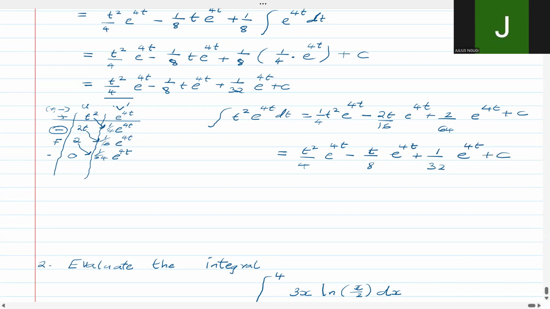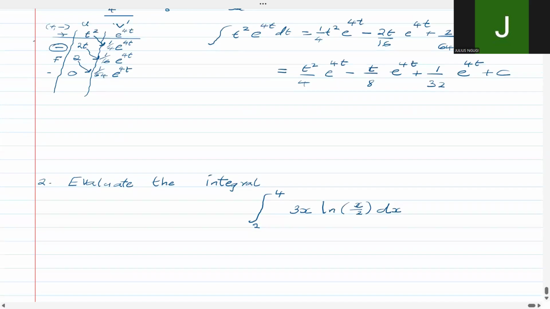So you use the table if you're having two functions multiplied, one trig, one exponential, or one trig, one algebraic, one exponential, one algebraic. So you're having an algebraic with an exponential, algebraic with a trigonometry. It's safer, you can cross-check using that table formation.